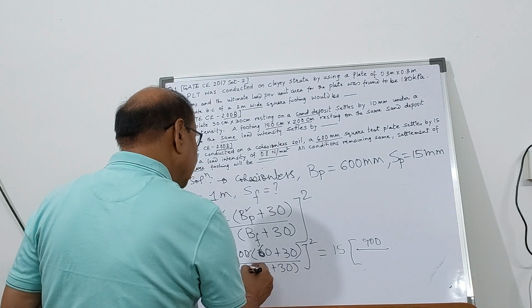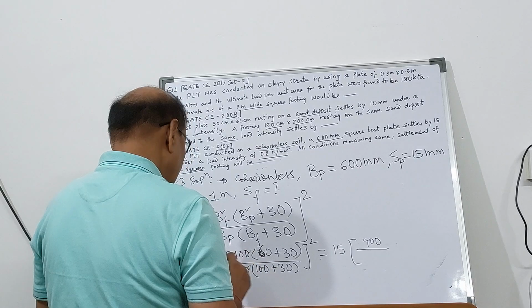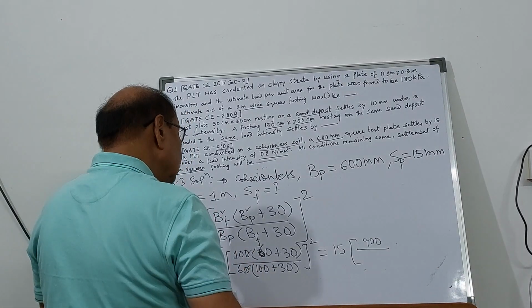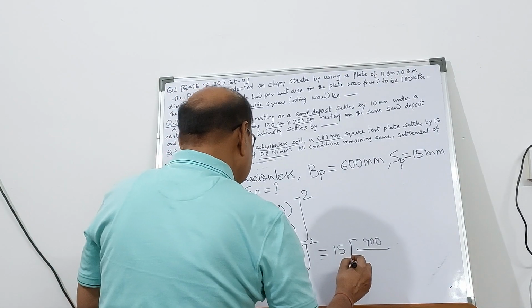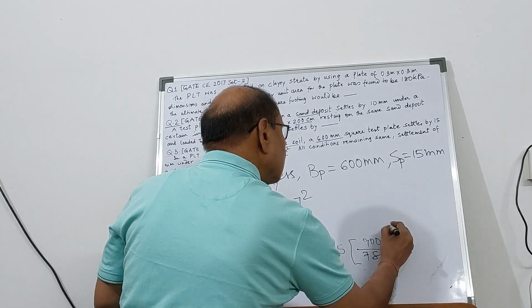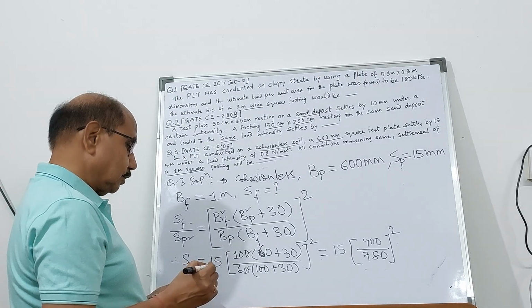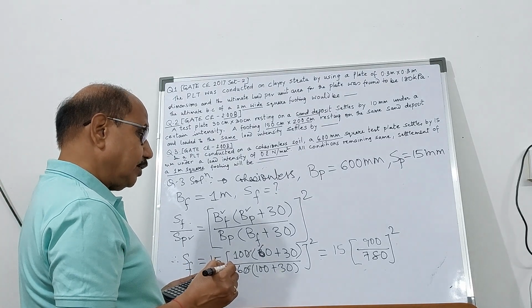Divided by 130 into 6. So 780. Which is 780 whole square.